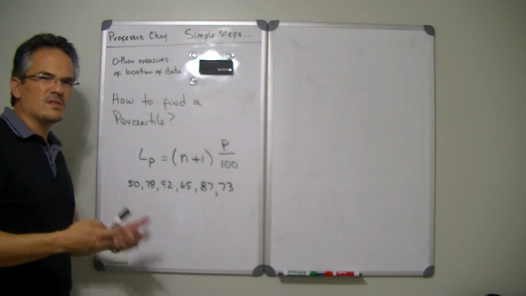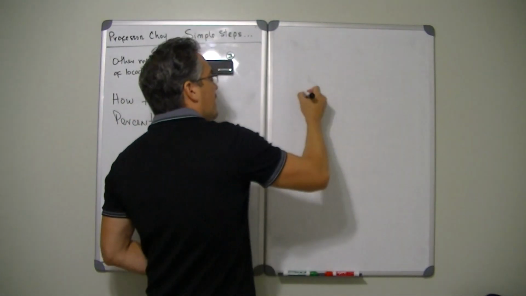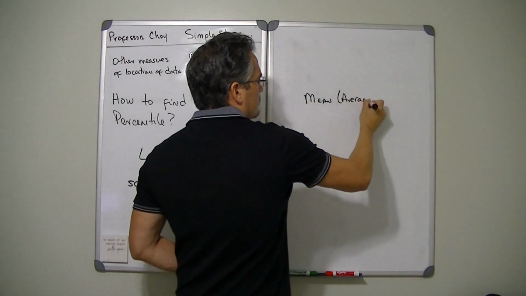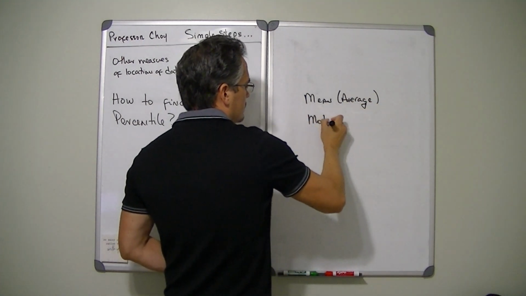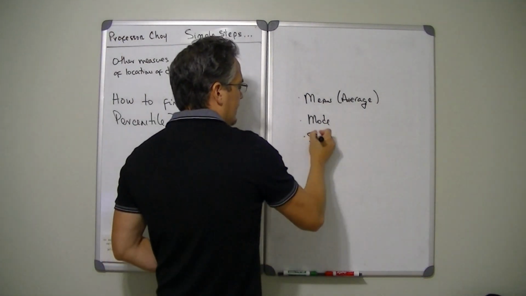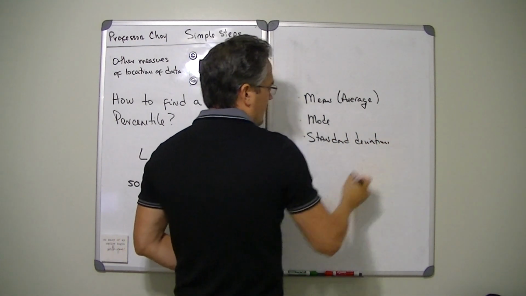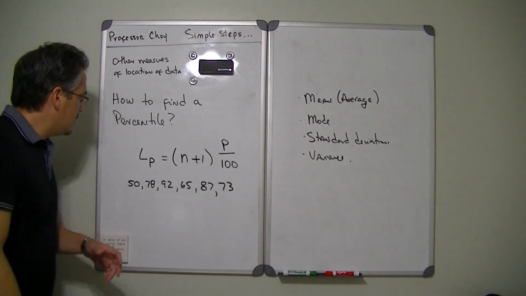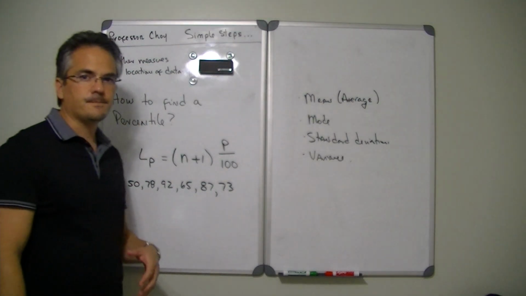Most of the time when somebody's talking about location of data, the biggest thing that they normally talk about is the mean, which is the average, or the mode, and then for the spread of the data they use stuff like the standard deviation or variance. Alright?